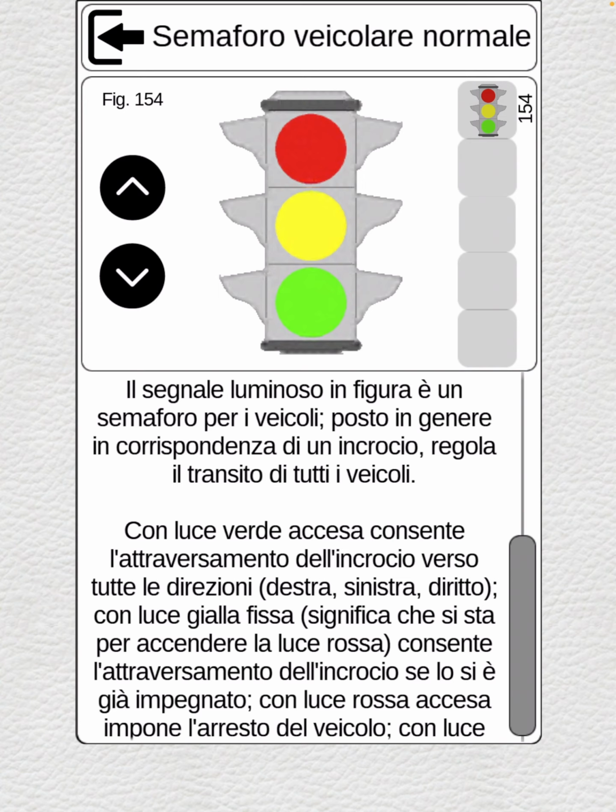When the red light shows, the vehicle must stop. When the green light shows, the vehicle may cross the junction. When the amber light, meaning the yellow light, shows, the vehicle must cross the junction if it has already entered.